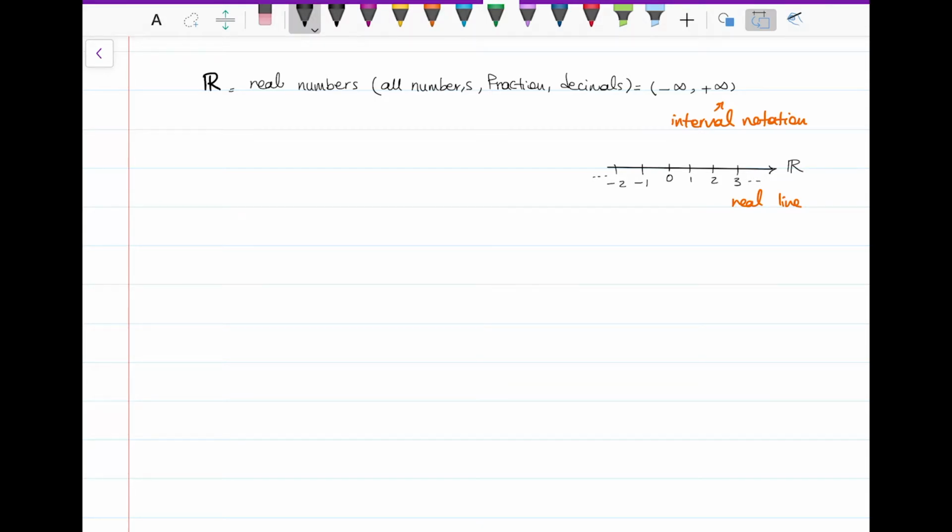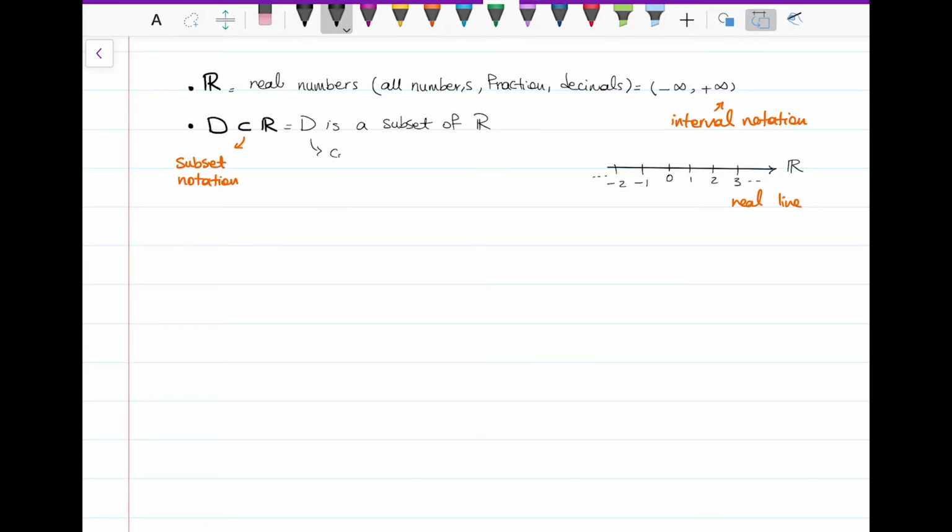Then the next one would be a subset of R, if D is a subset of R. This notation here, which is a curly symbol, is the subset notation. It says that D is a subset of all real numbers.